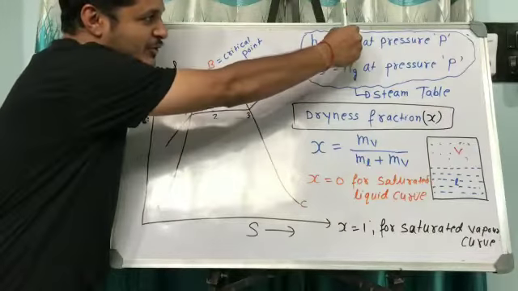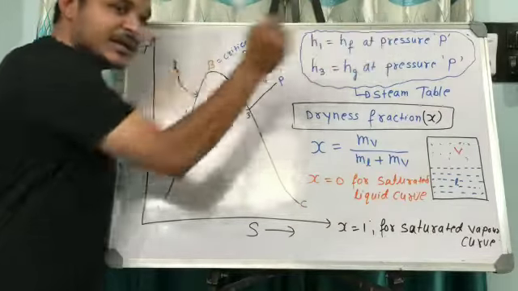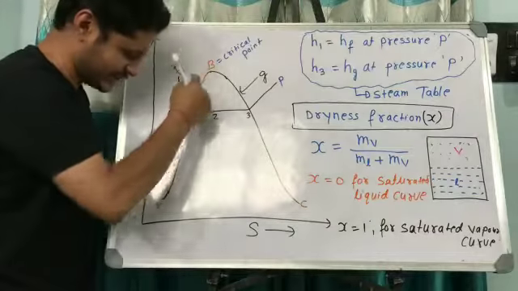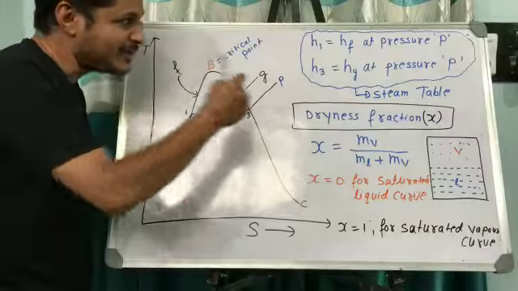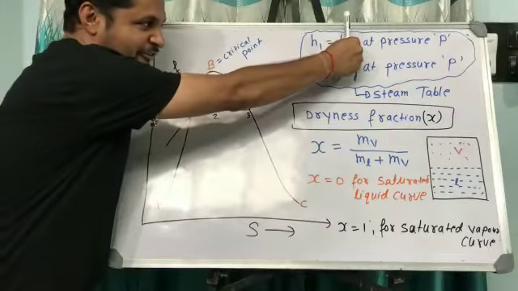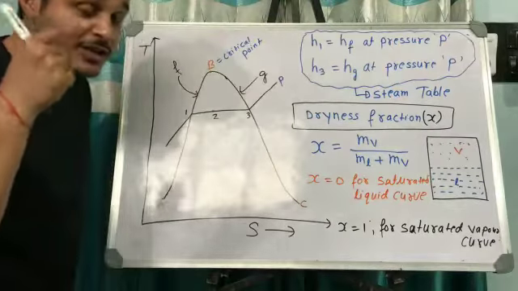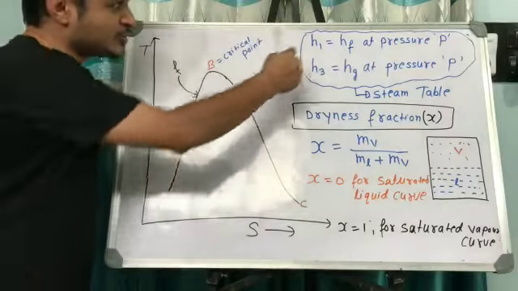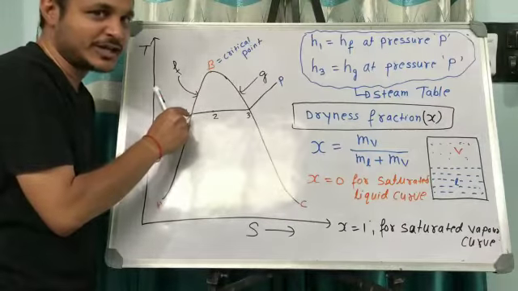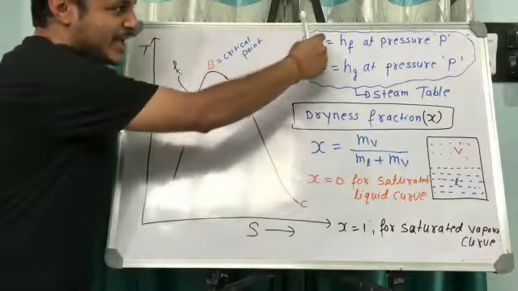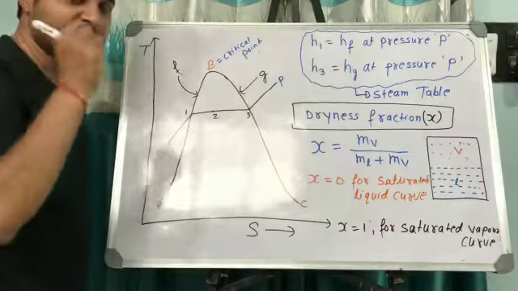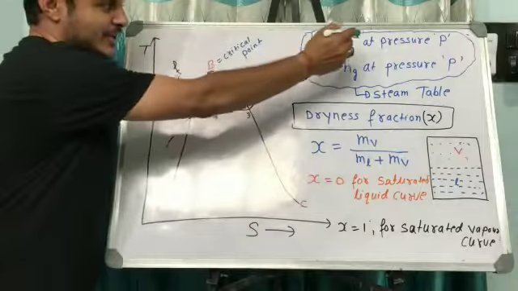So H1 is equal to Hf at pressure P. Any property on the saturated liquid curve will have its subscript as f, where f means fluid in the steam table. So H1 will be designated as Hf at pressure P in the steam table.